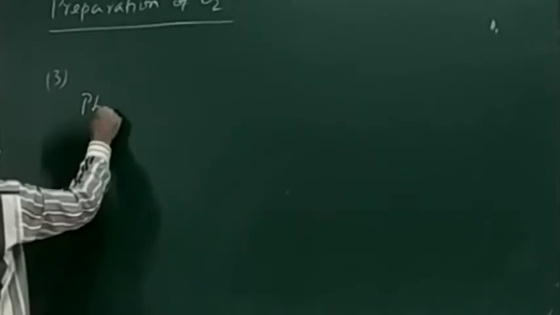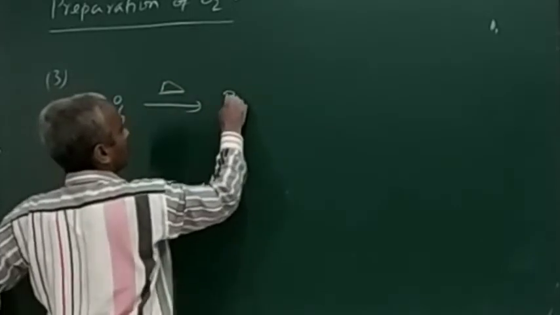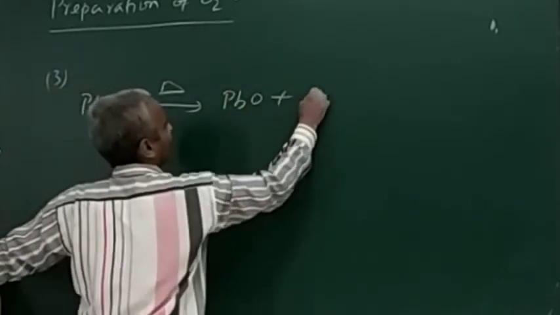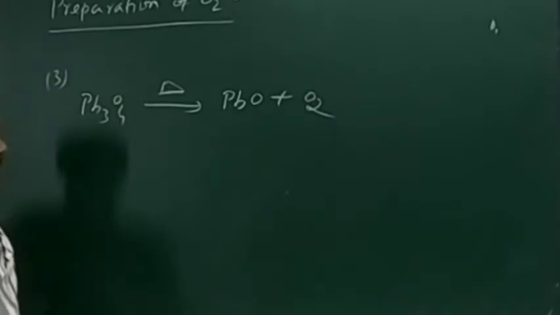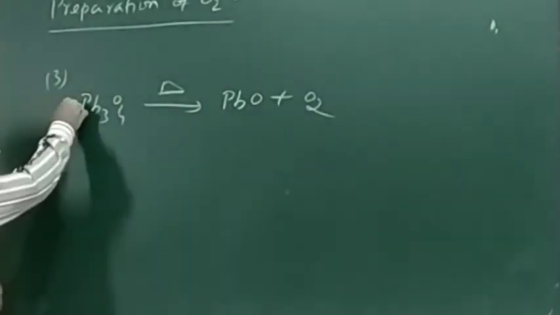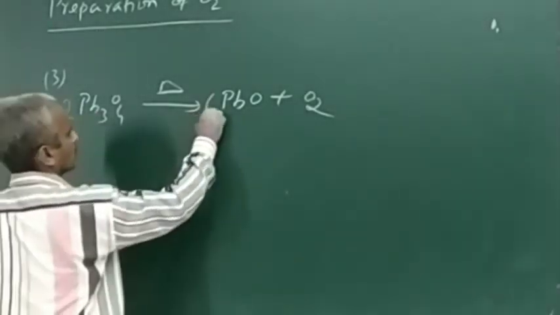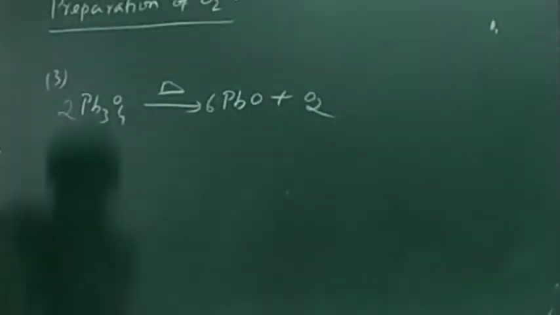Heat Pb3O4 strongly. You are going to get PbO plus dioxygen. The equation is not balanced, go for the balanced equation. I think the equation is balanced now.